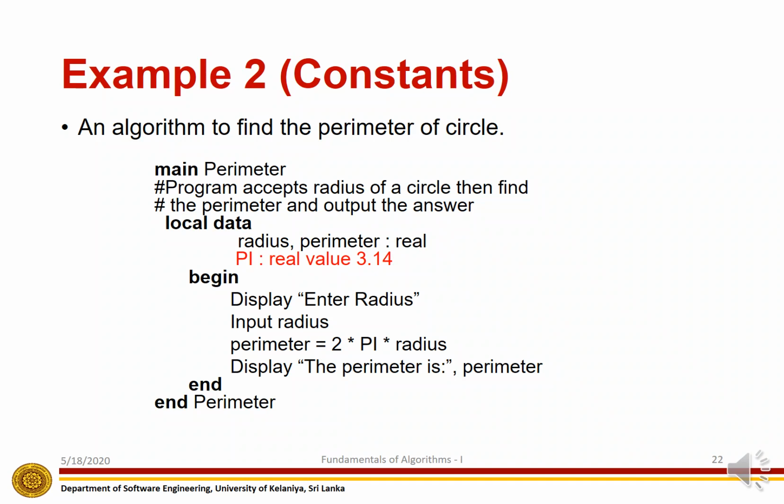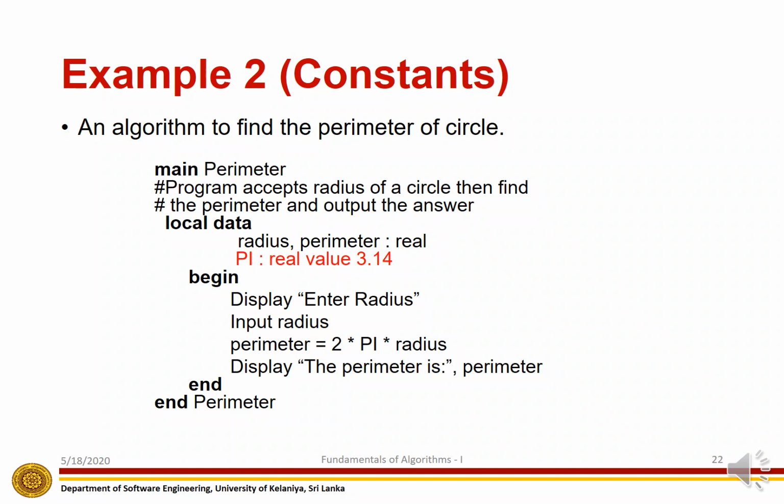And now we can write the procedure. Begin. We have to get the input by the user. So we need to display a message on the screen. Display, enter radius. Then we have to get the input as radius. Next, calculate the perimeter by 2 multiplied by pi value multiplied by radius, and store that value in the perimeter variable.